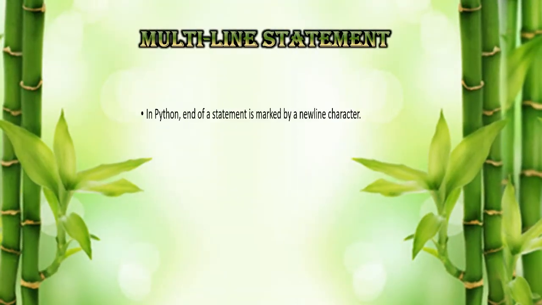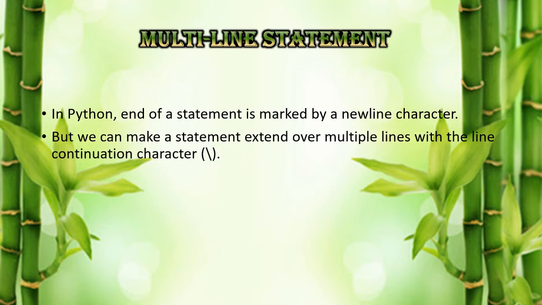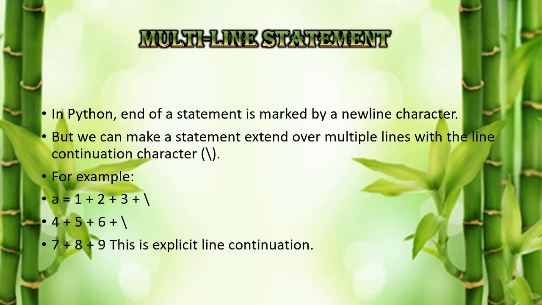Multi-line statements we can write using the backslash character for continuation to the next line. For example, a equal to 1 plus 2 plus 3, continuing with 4 plus 5 plus 6, where each line ends with a backslash. That means it's a continuation of the previous statement.